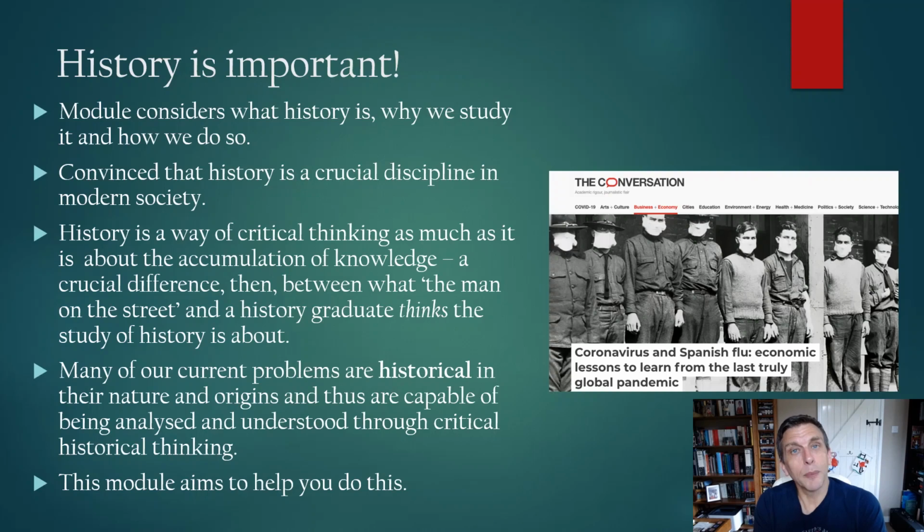They went back and looked at what happened in the flu of 1918-19 and learned historical lessons from that to implement in today's society. That's where they came up with the idea: historical scrutiny.